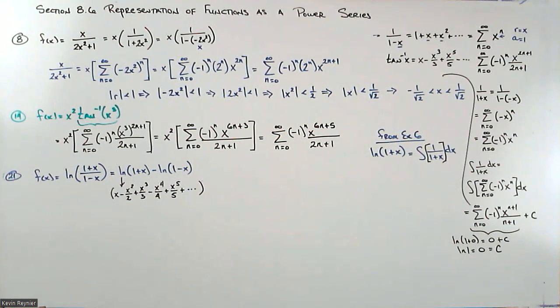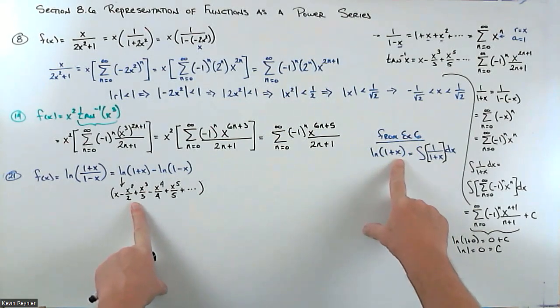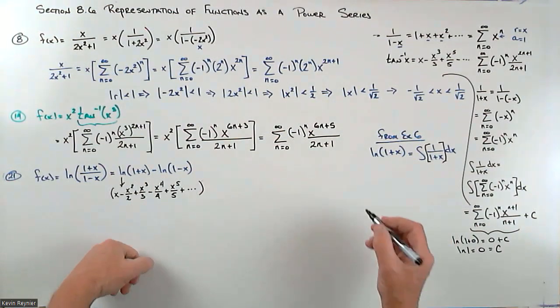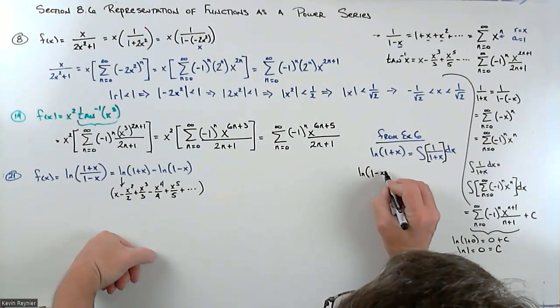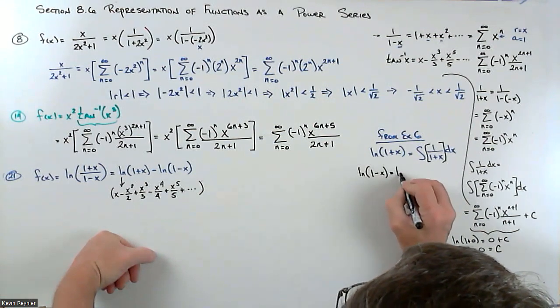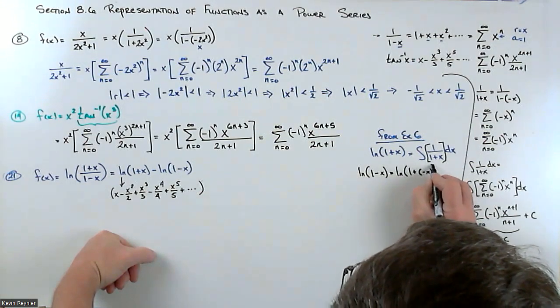Now, what are we going to do? How are we going to find the natural log of 1 minus x? Well, we're going to do the same technique we've done everywhere else. We're going to use this and the fact that we know its series, and we're going to let x be minus x. Because remember, the natural log of 1 minus x is really the natural log of 1 plus minus x.